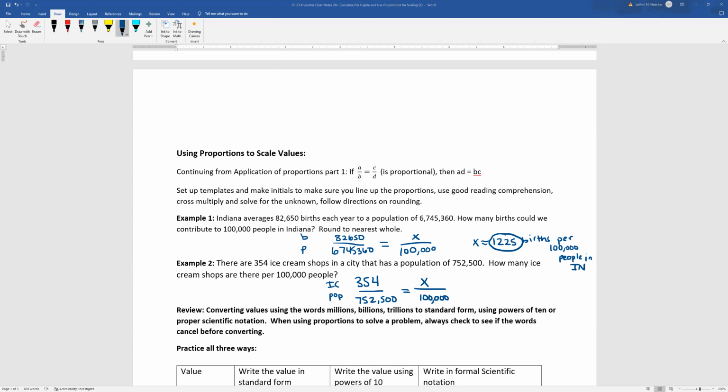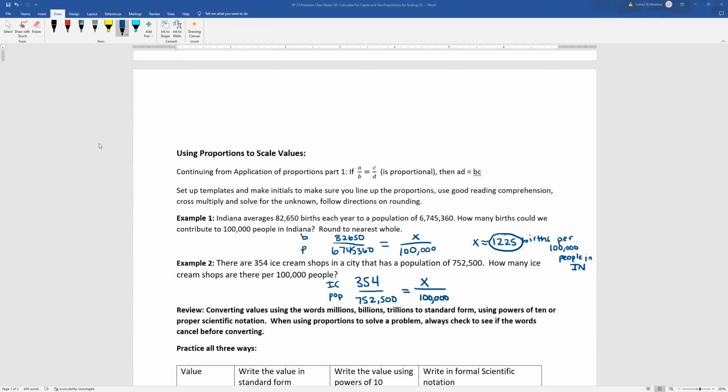Cross multiply, we need to multiply the 354 times the 100,000. And then divide that by the number across from X, which is the 752,500. And round to the nearest, well, they didn't tell us to round to the nearest whole, but I am going to since I think it was just left out and this was in wholes.